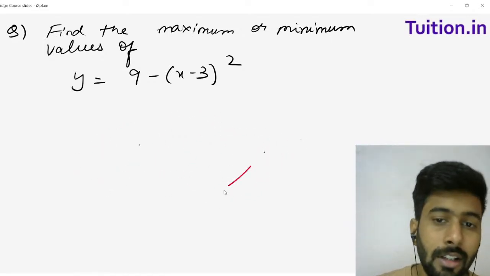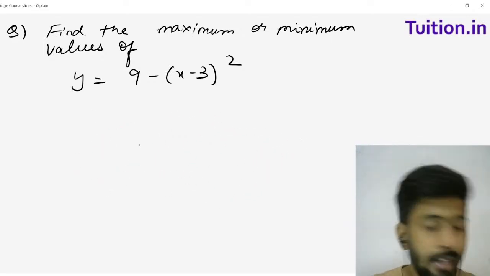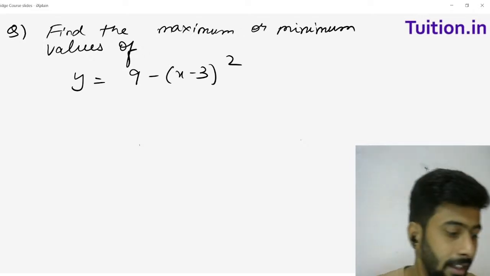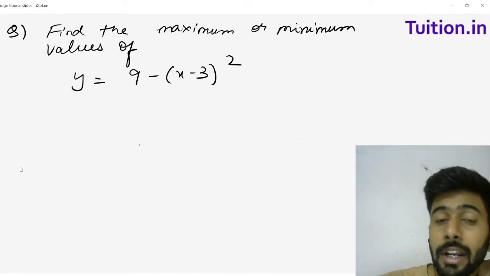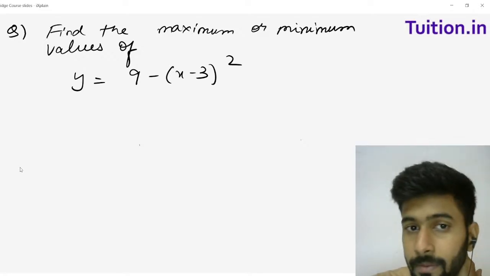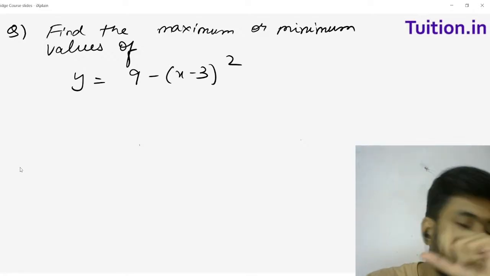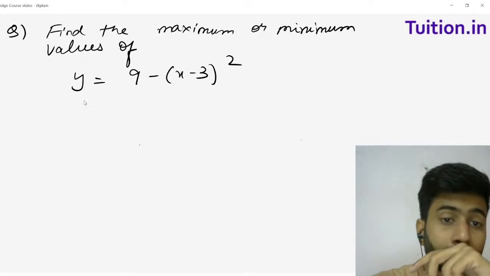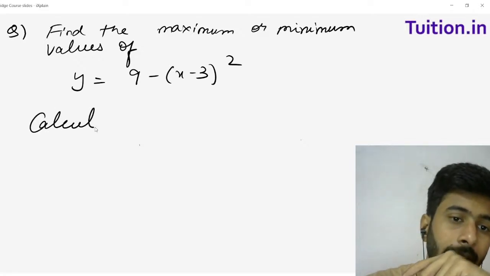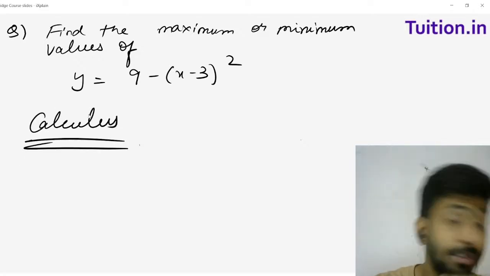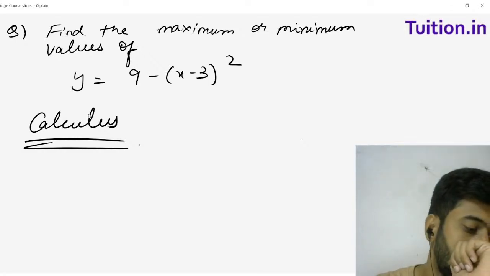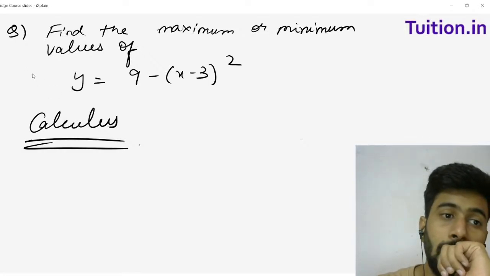How do you test? You can't keep putting in random values of x and testing for which x am I going to get maximum output. So what will you do? You have to use calculus, the steps that we discussed in the previous lecture.